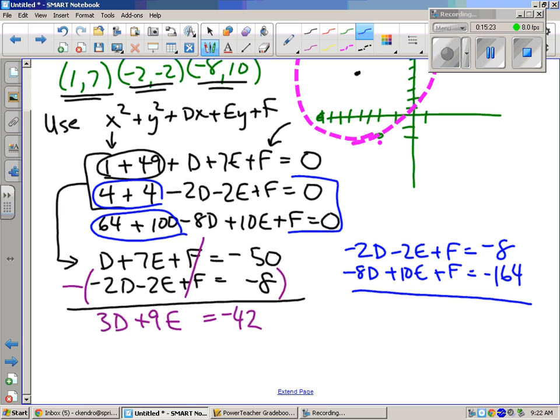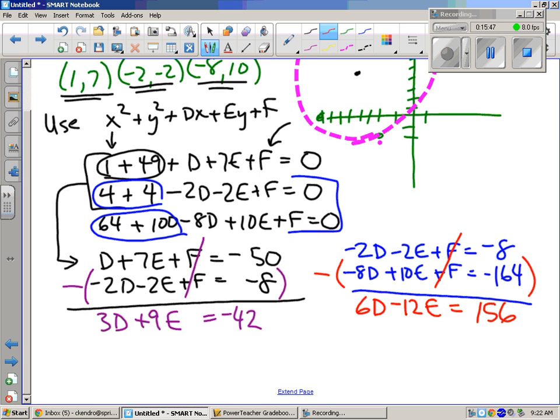All right, the next step is to subtract that bottom row. So negative 2 plus 8 is 6d, and then negative 2 minus 10 is negative 12e. The f's go away, and then negative 8 plus 164 is 156.